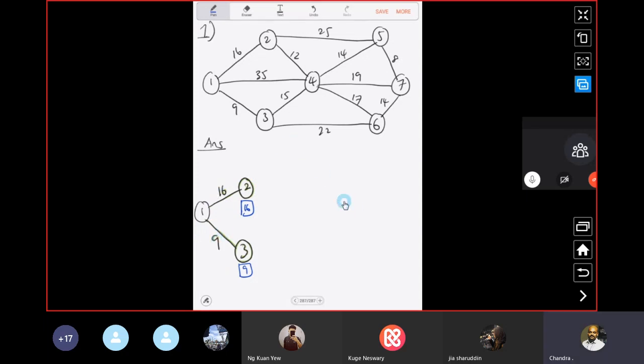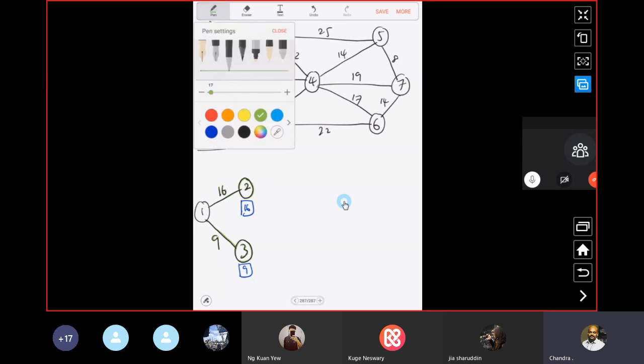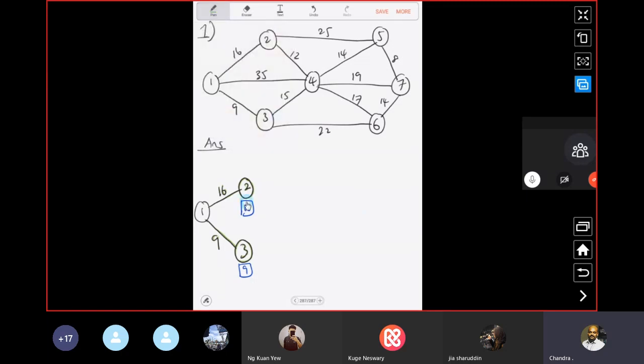The next one would be the nearest node to the connected nodes, which is 4. This is the connection, the routes whereby 4 is connected with 2, 1, and 3. Of course, here 12, here 35, here 15.